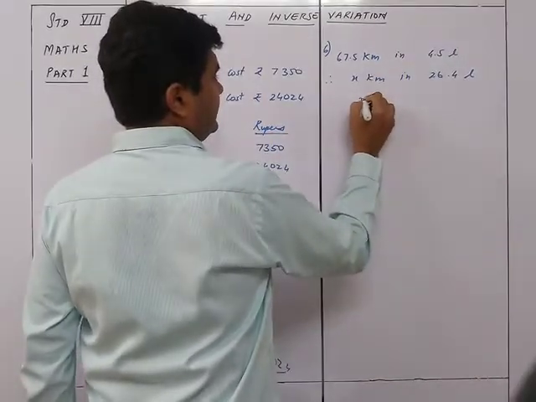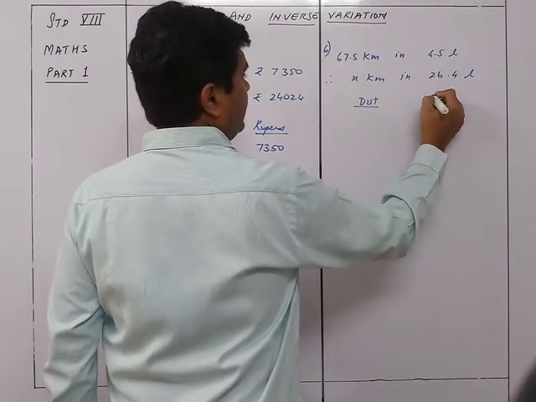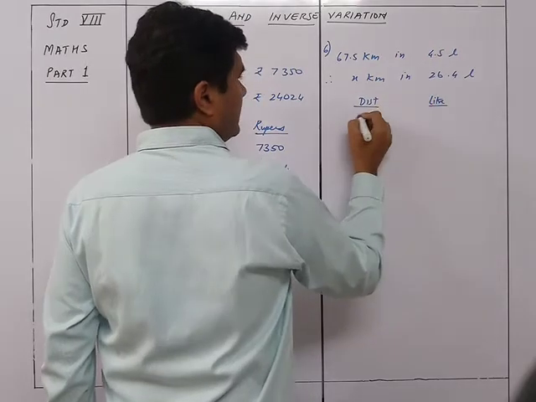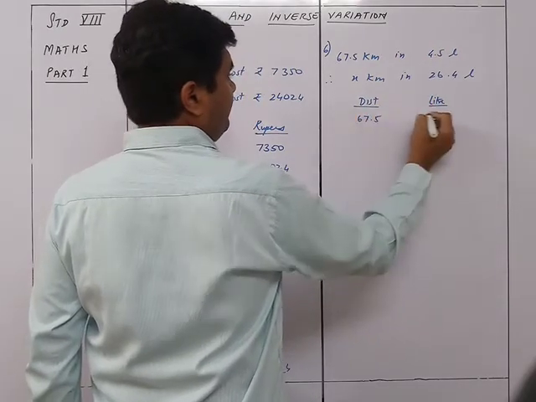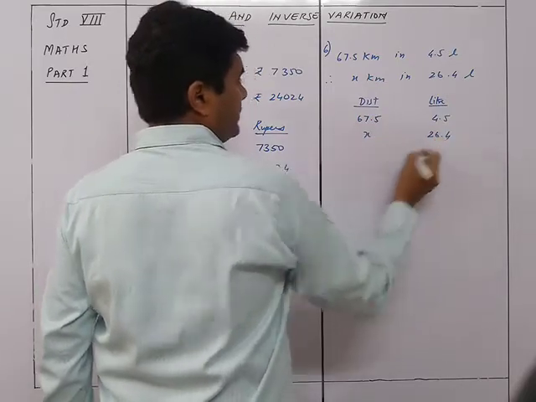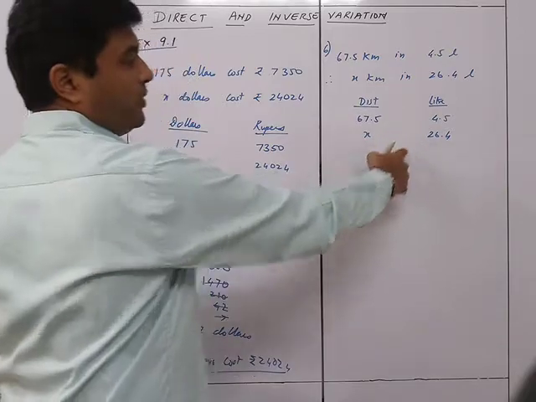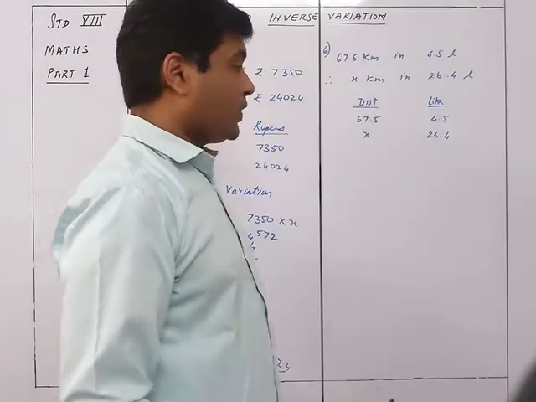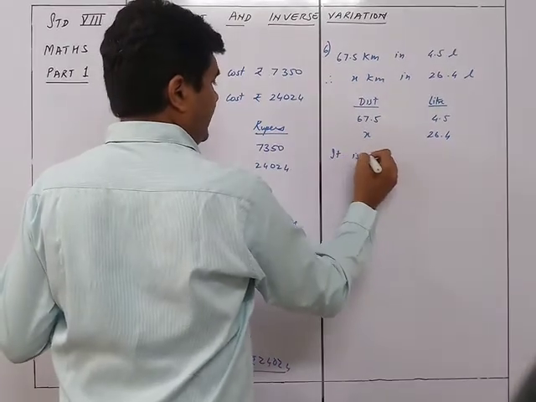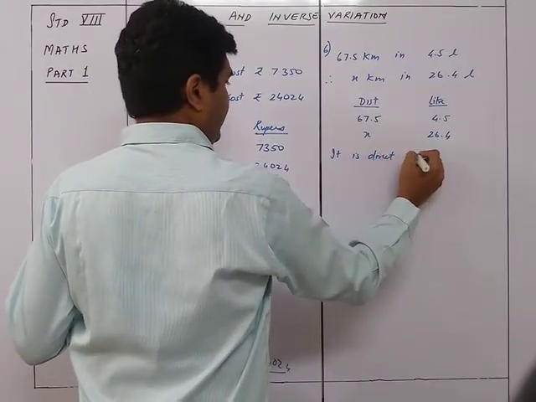So here it is distance and here it is liters of petrol. 67.5 is 4.5, X is 26.4. So more the distance required, more the liters of petrol required. So automatically it is direct variation.